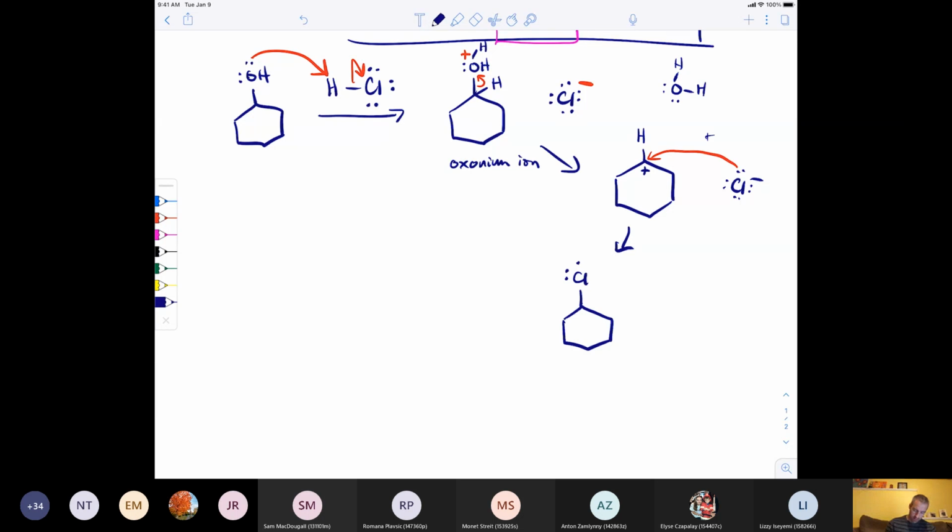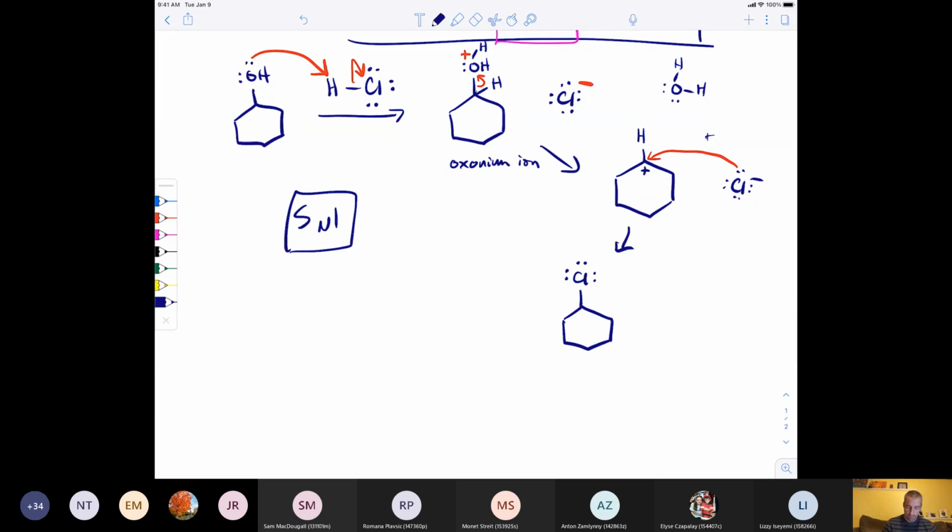So the chlorine only has 3 lone pairs after that because it had 4, but it used one of them to make that new bond, so it has 3 left. And that's it. That is a full SN1 mechanism for an alcohol.